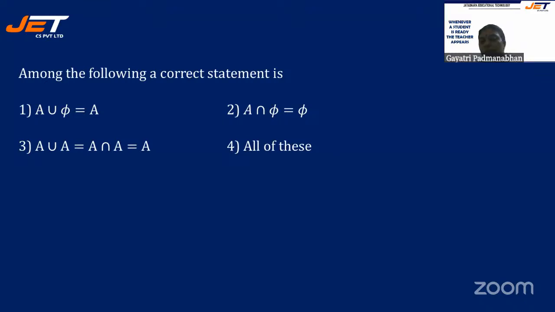See the next question. Among the following, a correct statement is dash. A union null set is equal to A. A intersection null set is equal to null set. A union A is equal to A intersection A, which is A, or all of these.